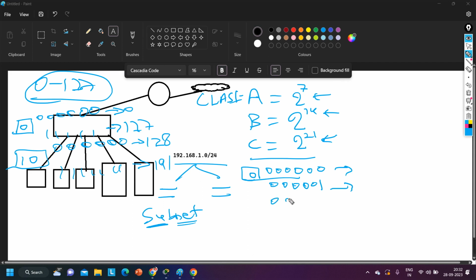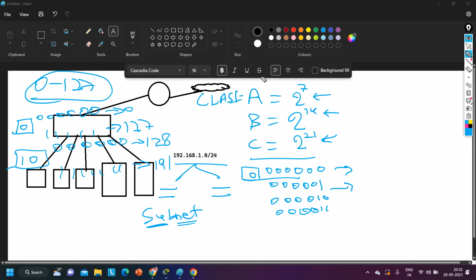This is the second network. This is the third network. This is the fourth network. Like this we can design 2 to the power 7 networks from class A. Sir, for class A, I think it will be 2 to the power host part, right? No, 2 to the power network bits. Okay, 2 to the power network bits.